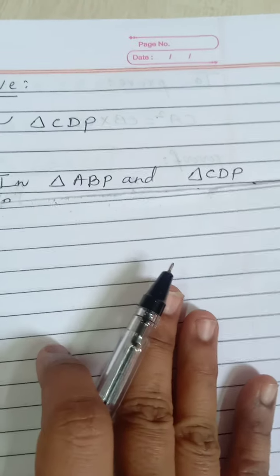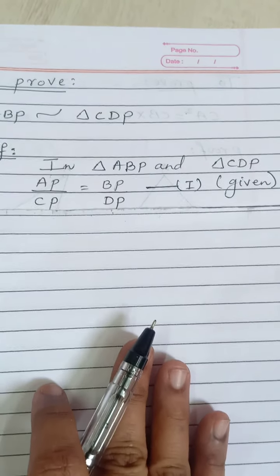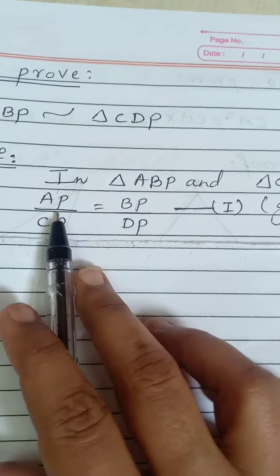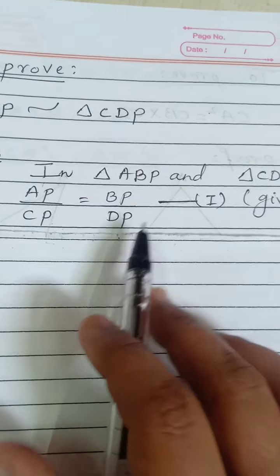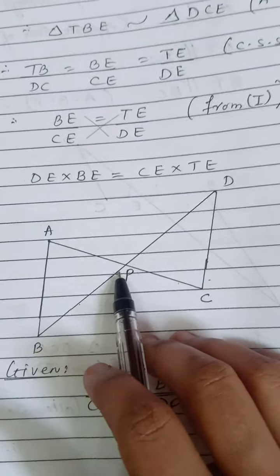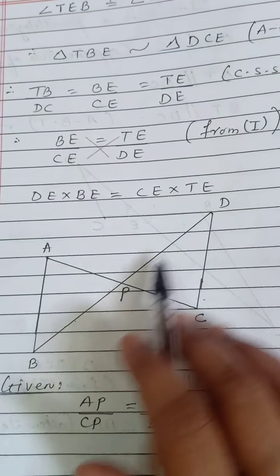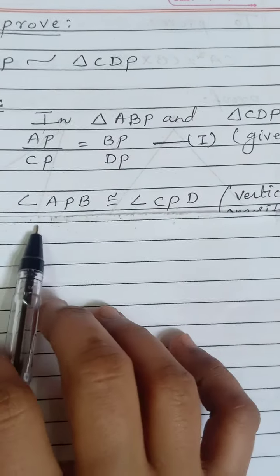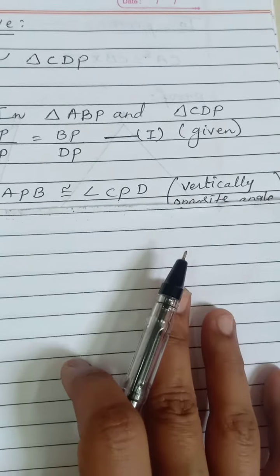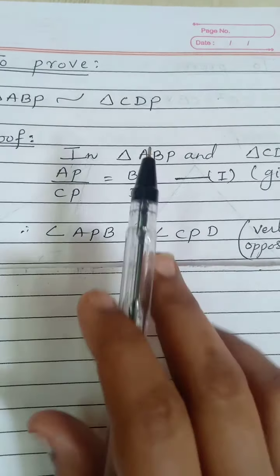So in triangle ABP and triangle CDP, this ratio AP upon CP is equal to BP upon DP, already given to us that they are equal. Then we will take the middle angle, that is angle P. So angle APB and angle CPD are vertically opposite angles. So side, then middle angle, then again side.